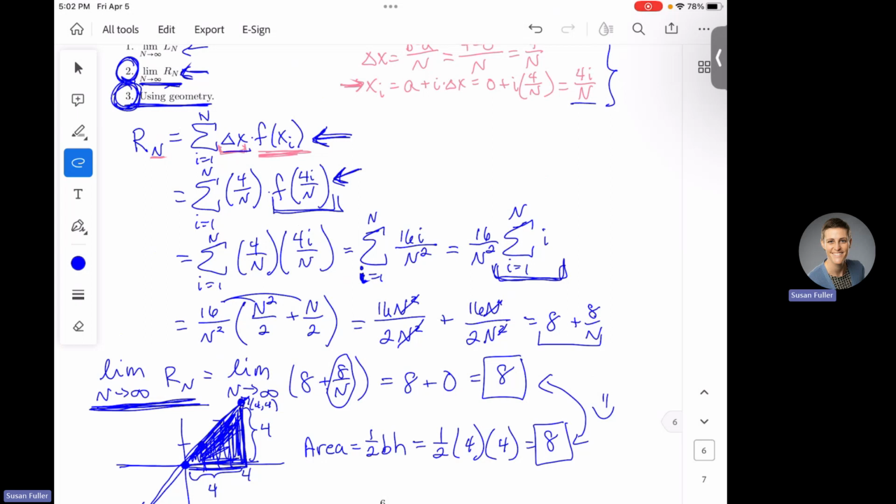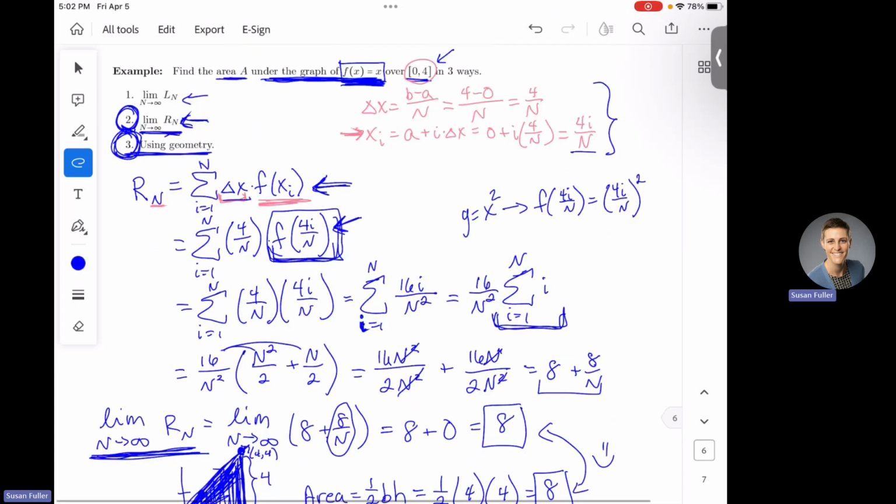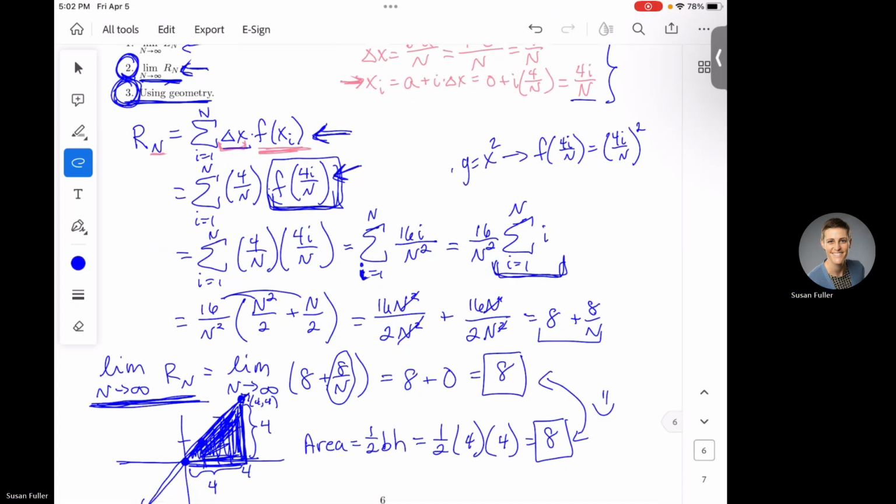So for instance, if I had y equals x squared as my function, then f of 4i over n would have been my x value, which is 4i over n, squared. Does that make any sense? That's kind of how we do this. You'll plug it into your function. Here, y was equal to x, so we didn't have a ton of work to do. But if our function was something different, we would have had a little bit more work to do.